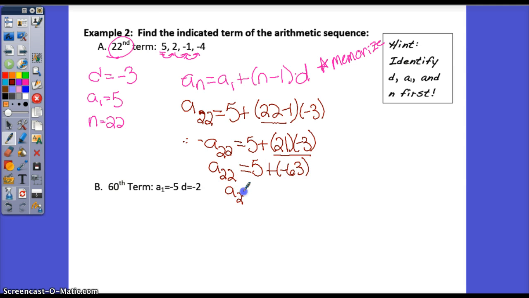A sub 22 equals, when you add them together, negative 58. So we know, and you can always check by using your calculator, if you keep subtracting 3 the whole way and you get to the 22nd term, it's going to be negative 58. Please go to the next video.